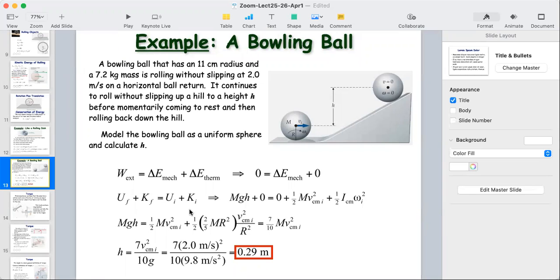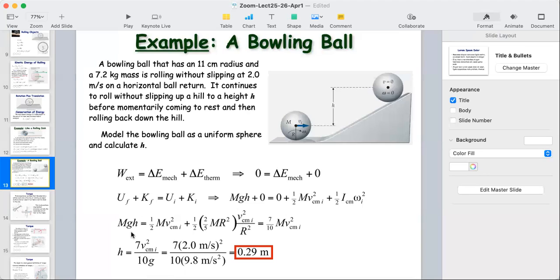summing up the things together, it comes to 7/10 m v squared. So I can find at this point h, which is 7 v of center of mass squared divided by 10 g.